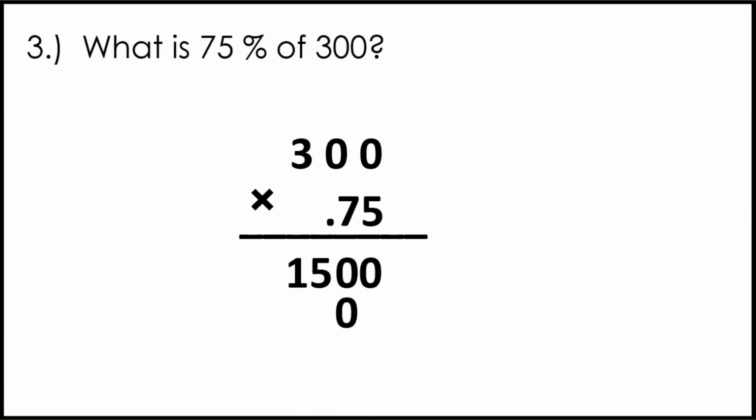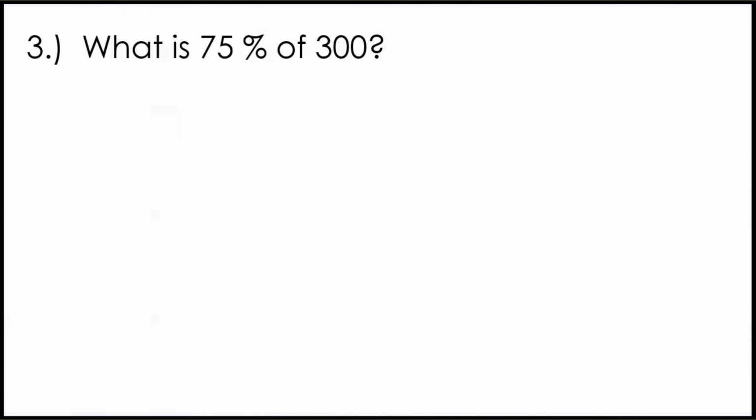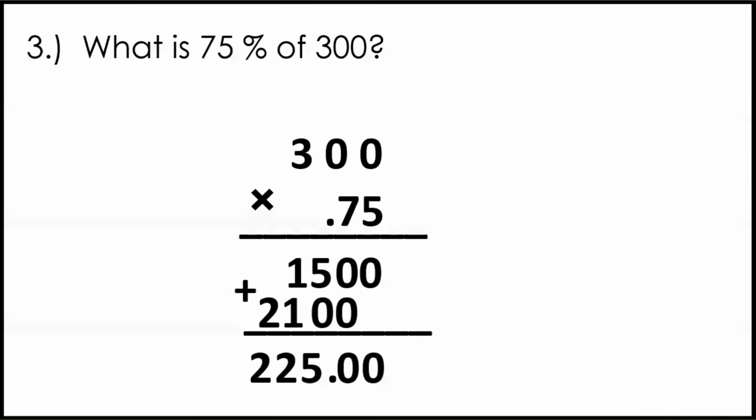Then, 7 times 0 is 0. 7 times 0 is 0. 7 times 3 is 21. Then, add. 0, 0, 5, 2, 2. Then, count the decimal point. Nakikita natin, 1, 2. 1, 2. Ayan na po. So, we have 225 pesos.